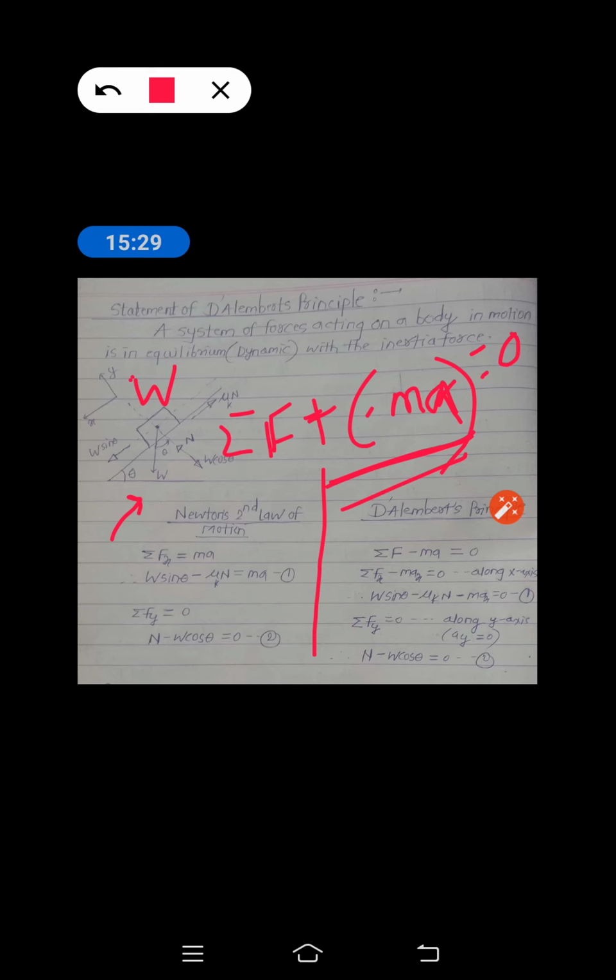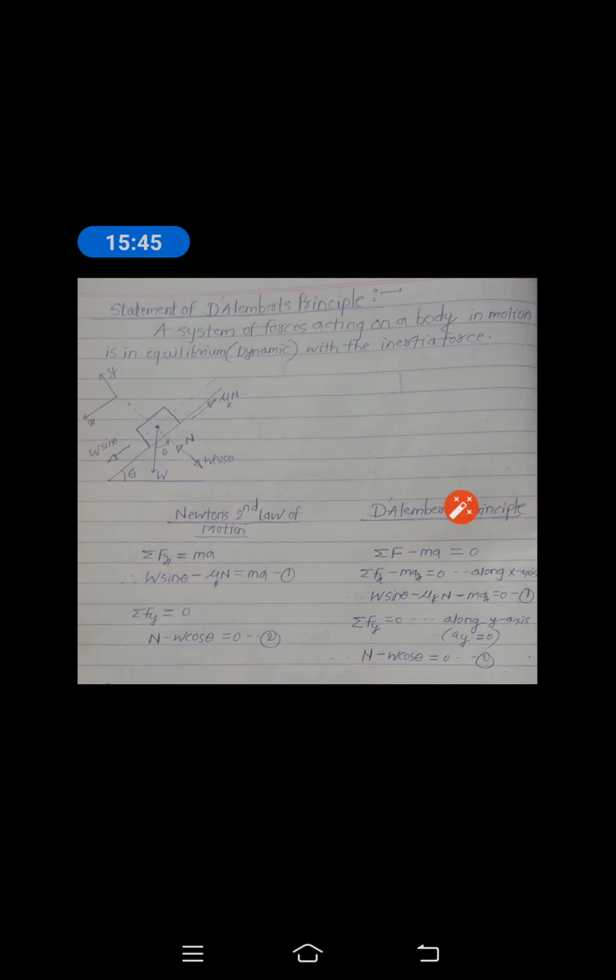Also take care here of the coordinate system. Your y-axis is this, meaning perpendicular to the inclined surface, and your x-axis is this, meaning parallel to the inclined surface. Okay. So follow this coordinate system.